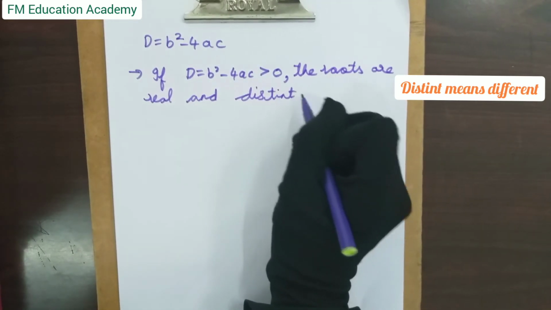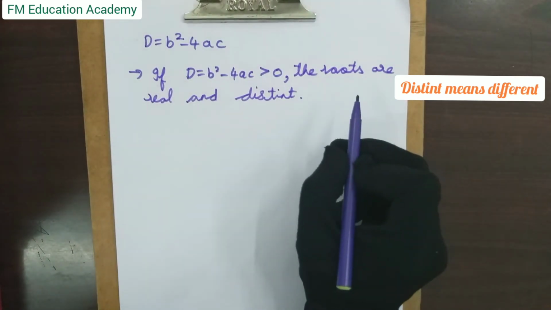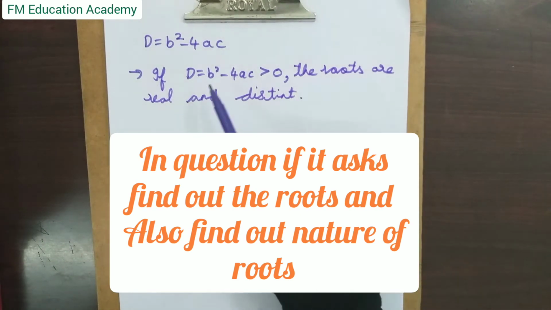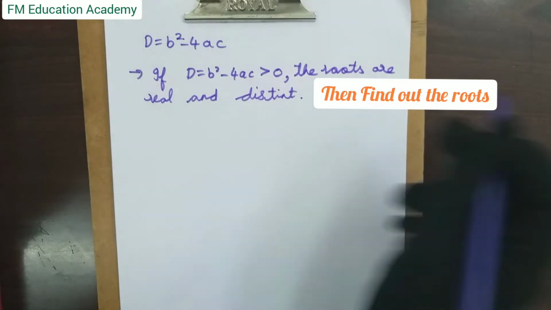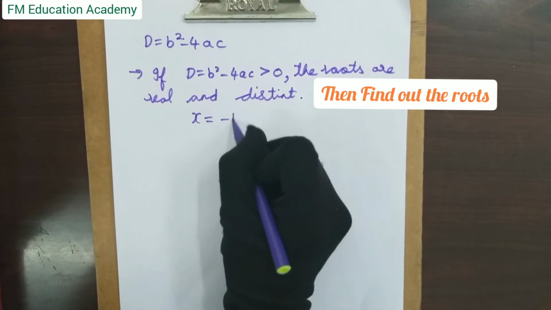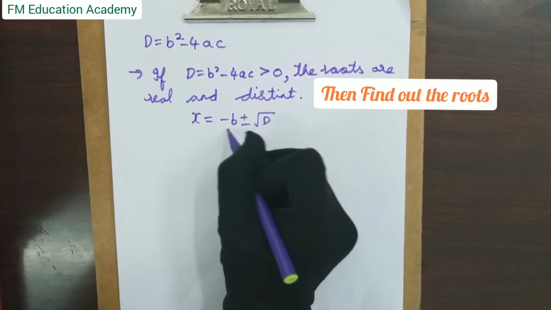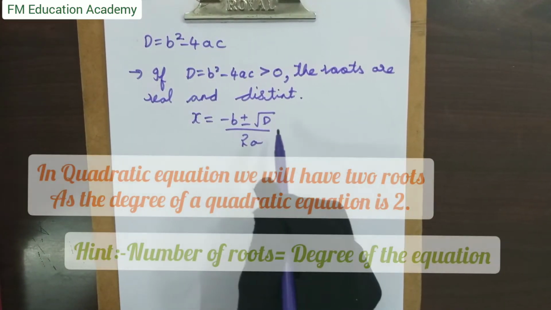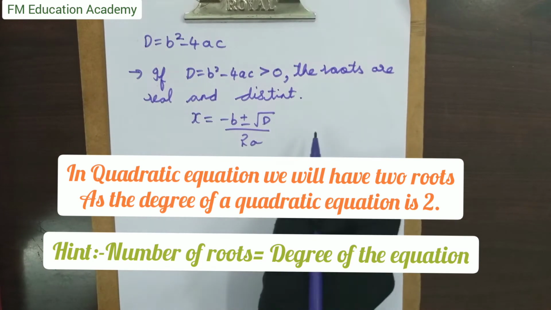How can you find the roots? If the question asks for the nature of the roots and also the roots, first find the value of d. If you get a positive number, greater than 0, the roots are real and distinct. Then find the roots by the formula x is equal to minus b plus minus root d by 2a. In a quadratic equation we have two roots because the degree is 2.